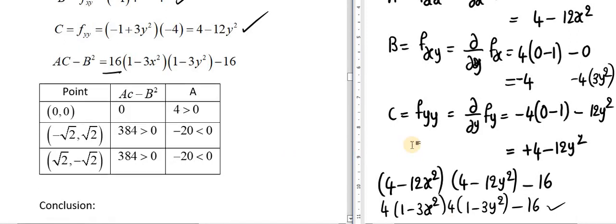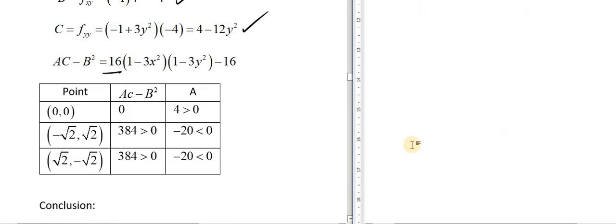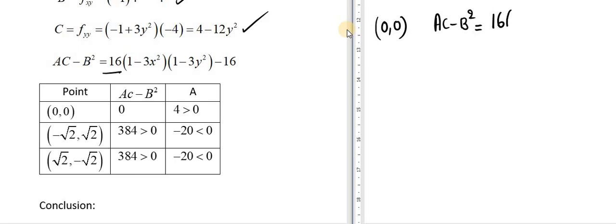Next, I am going to find out AC minus B square value at these critical points. At origin, AC minus B square, that is, substitute x equal to 0, y equal to 0. If x 0, y 0, then we are going to get 16 into 1 minus 0 is 1, 1 minus 0 is 1, 1 into 1 is 1, minus 16, so 0.